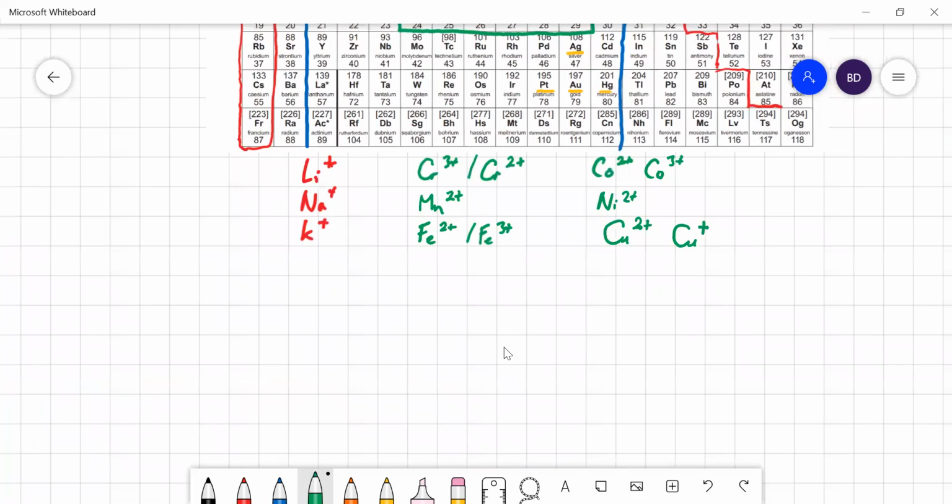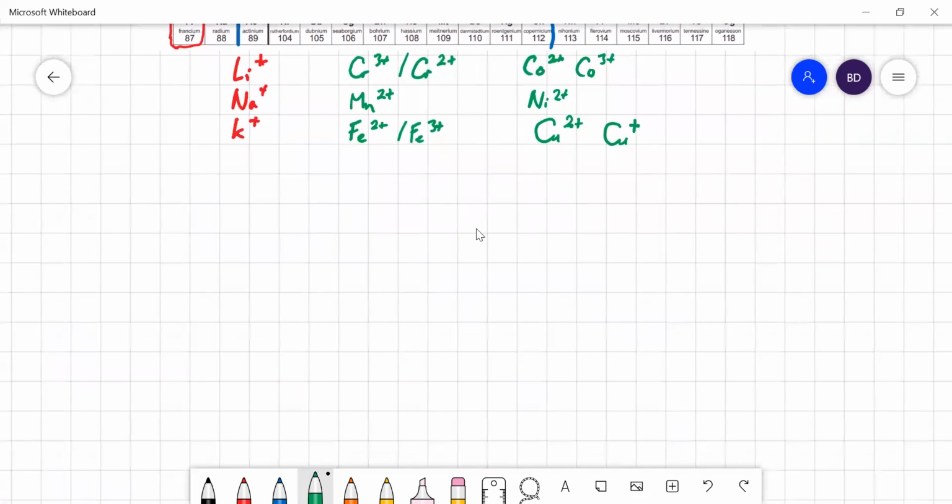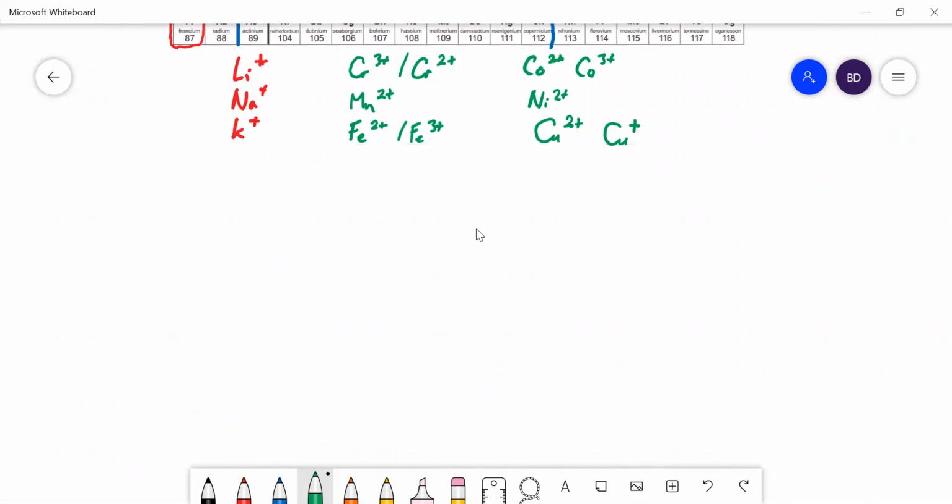And as I say, the Group 1 metals are much more reactive. So we want to see how they react with water, with oxygen, and with halogens, as exemplified by chlorine.